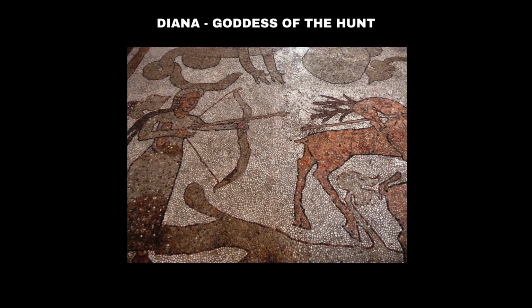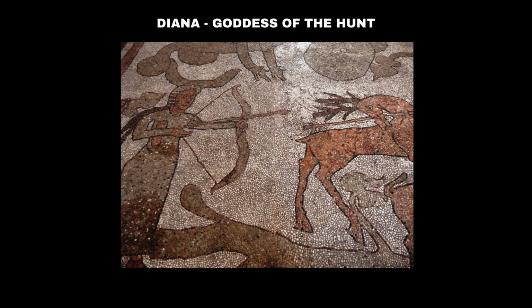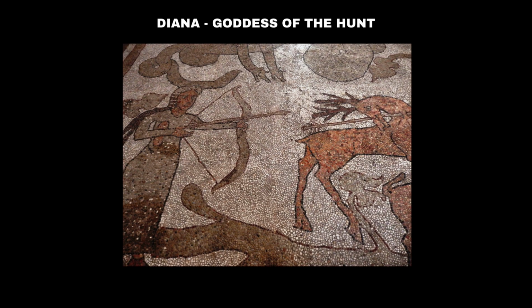In ancient Roman mythology, Diana, the goddess of the hunt, was often depicted with deer. The deer held a special significance for Diana, representing her connection to the natural world and her role as a protector of the forest and its creatures.